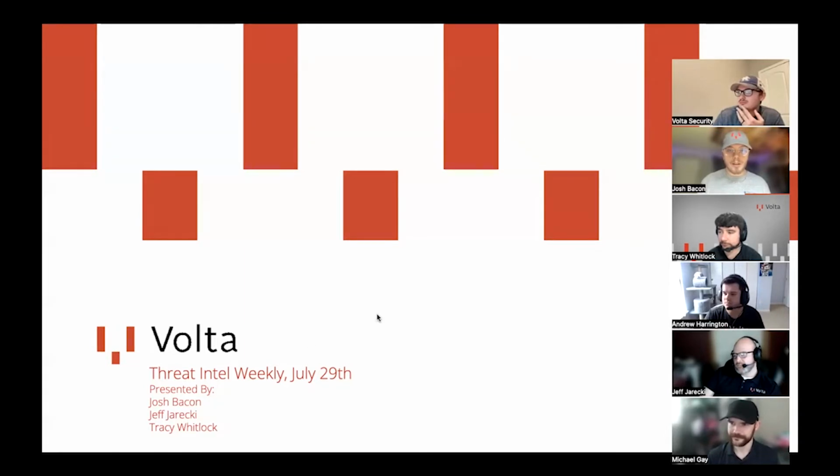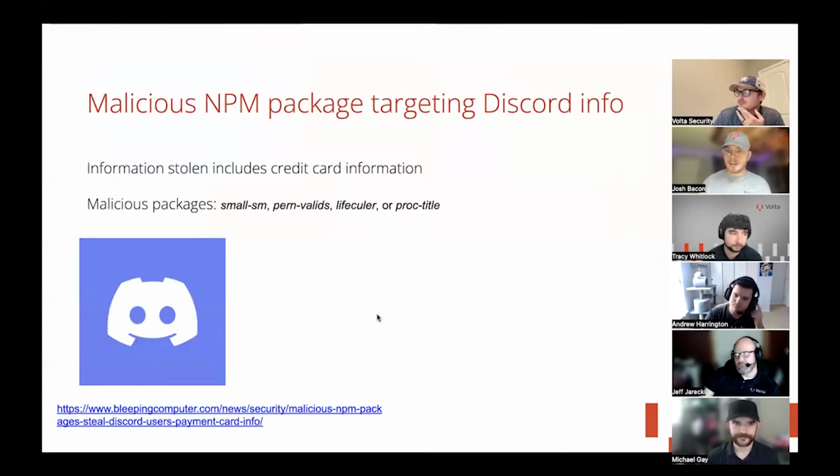So getting started, Discord is a target as usual for stealing personal information. If anyone doesn't have 2FA enabled on Discord, make that your thing to take away today. But as usual, what we're seeing is packages on a third-party package hosting website, such as NPM, being compromised so that these credential stealers exist within what were previously legitimate packages.